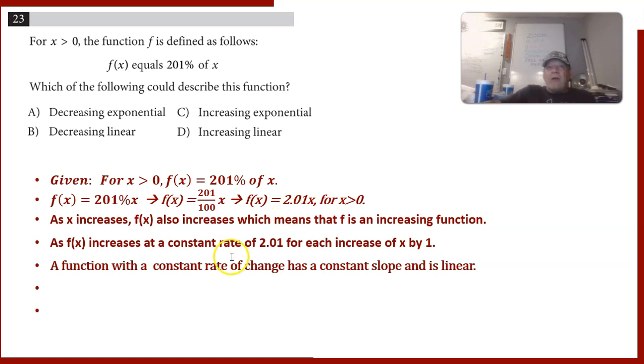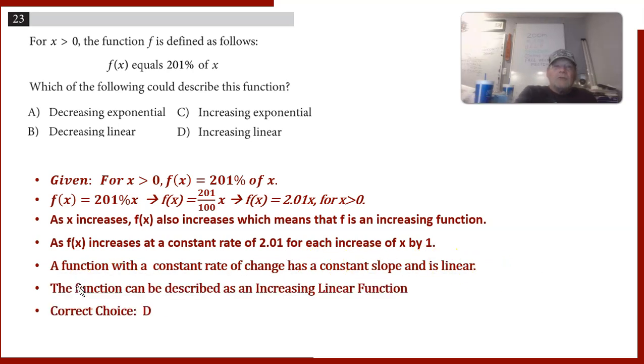And remember, another name for a constant rate of change means that it has a constant slope. And anything that has a slope is linear. So we know that it's an increasing function, and it's an increasing linear function, which is choice D. Hopefully you're able to get that one right as well.